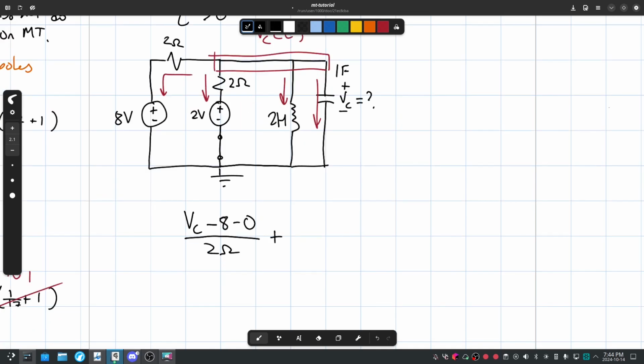Now we do the second line coming out of VC. That's going to be VC minus 2 volts, because we're passing through the negative end of a 2 volt input source, and we're ending up at ground, over 2 ohms of resistance.